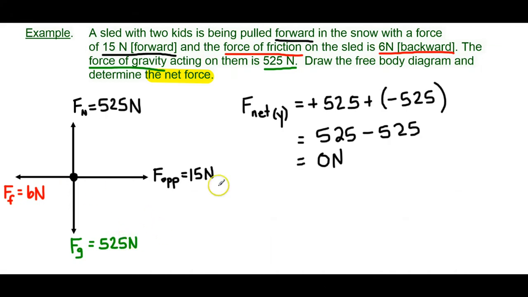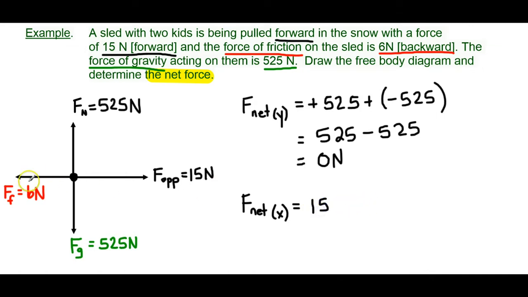Now, let's deal with what's happening in the x direction or horizontal direction. So we have a net force for the x direction, and we start out with what's happening in the positive direction. So we have 15 newtons to the right.